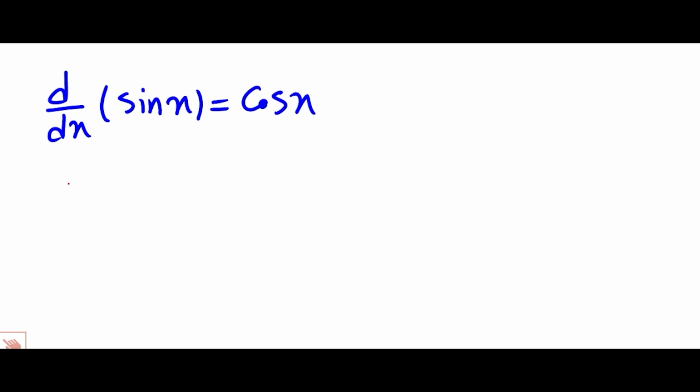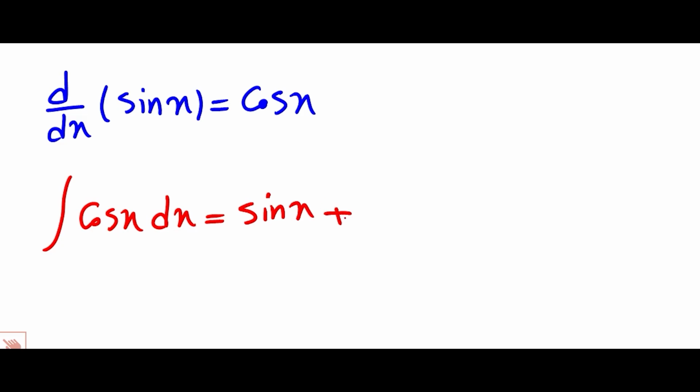Number 2, integral of cosine of x. Since the derivative of sine of x equals cosine of x, right? So the integral of cosine of x dx equals sine of x plus c. Again, we can check the derivative of sine of x equals cosine of x, right?